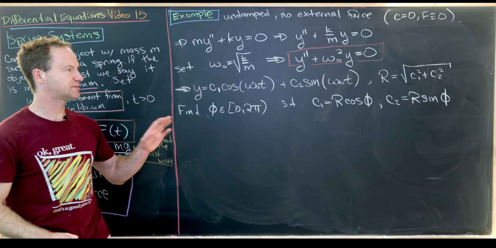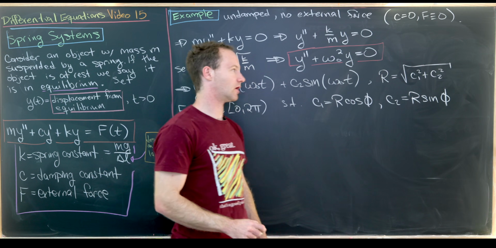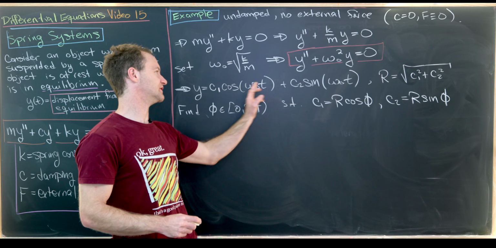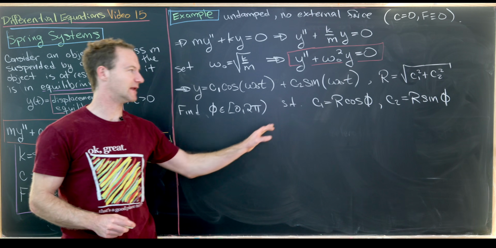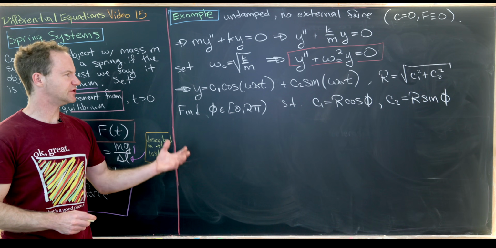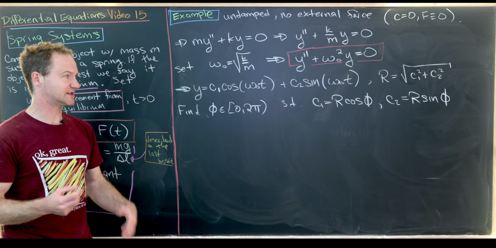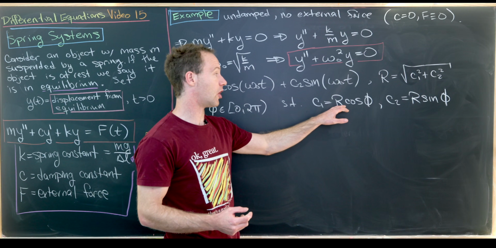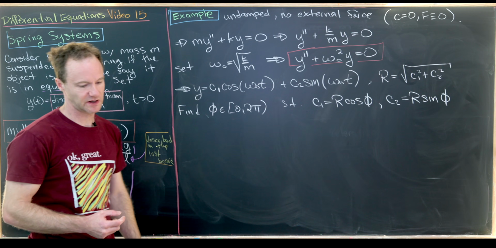And that's just possible by the definition of R right here. This is essentially taking the rectangular description of these constants c1 and c2 and making a polar description of these constants. So you can think about all this happening within the c1, c2 plane, and then this is between in the r, phi polar plane.